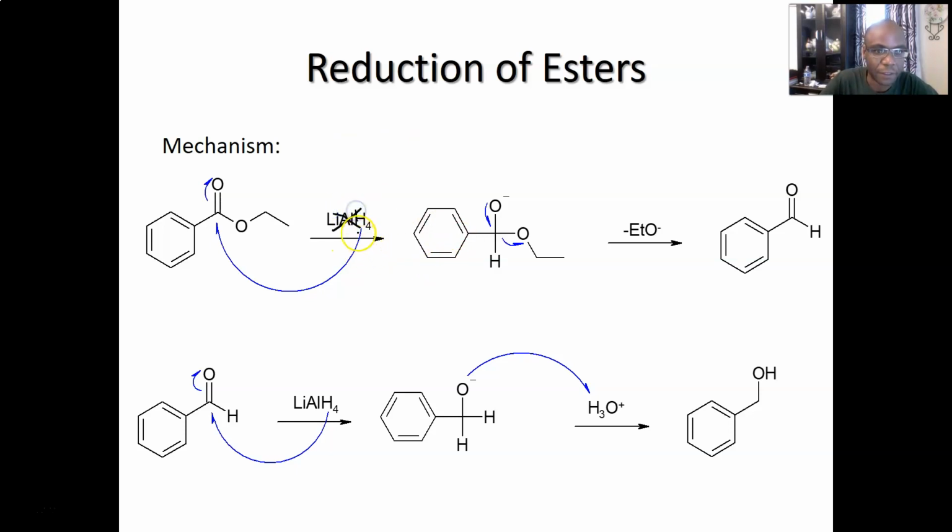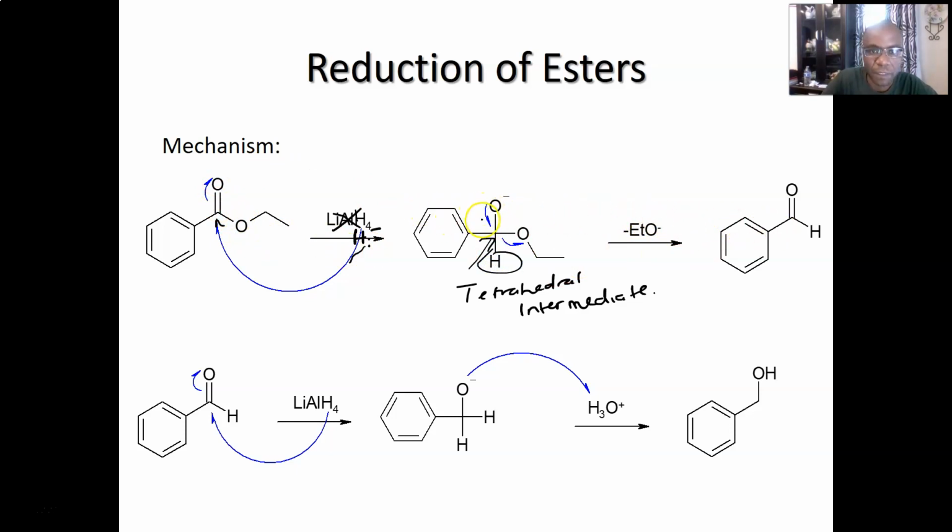Mechanistically, don't worry about that, just use the hydride, attack the carbonyl, you get your sp3 tetrahedral center. I'll keep telling you about the tetrahedral intermediate, very important. So the hydride attacked, the carbonyl is opened up, that's the hydride, and then OEt fell off.